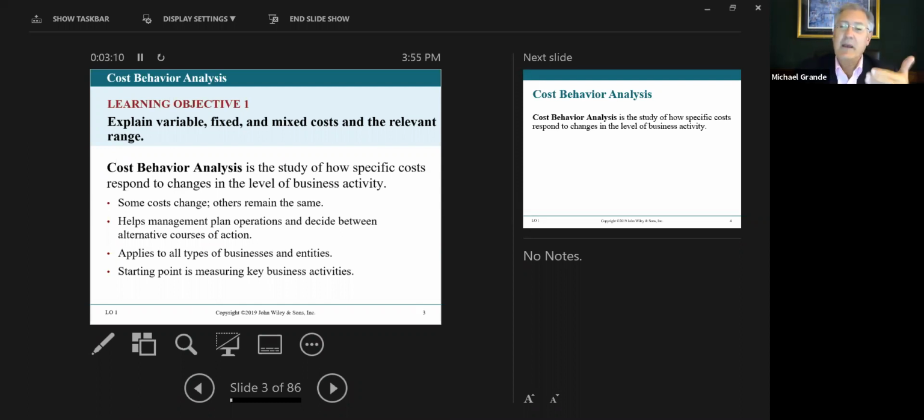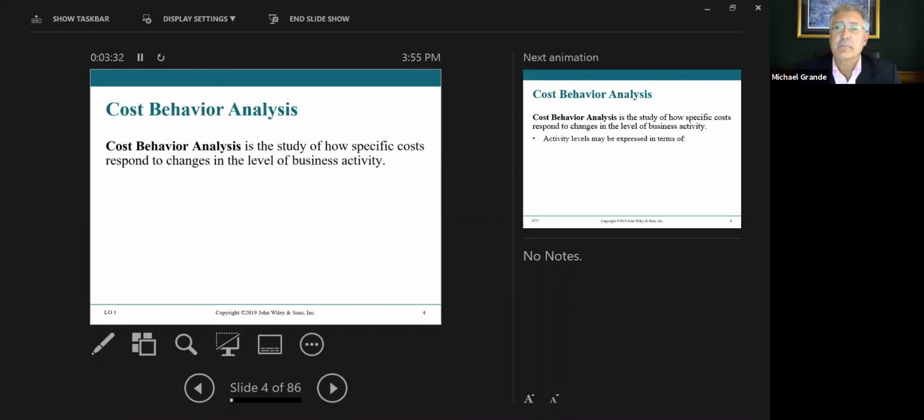Again, the perspective we have here is prospective, looking forward. So we're going to spend some time explaining and understanding variable costs, fixed costs, and mixed costs. We're also going to talk about relevant range.